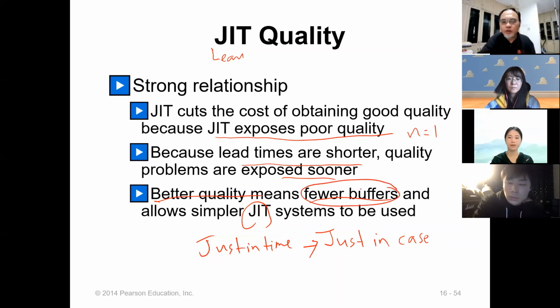Fewer, not to say zero buffer. Sometimes you need safety stock, but the safety stock is just enough, not extra, not waste. Then it will allow a simpler JIT system to be used.